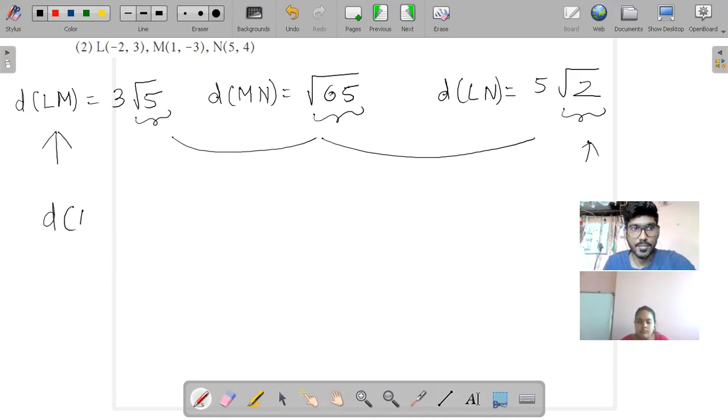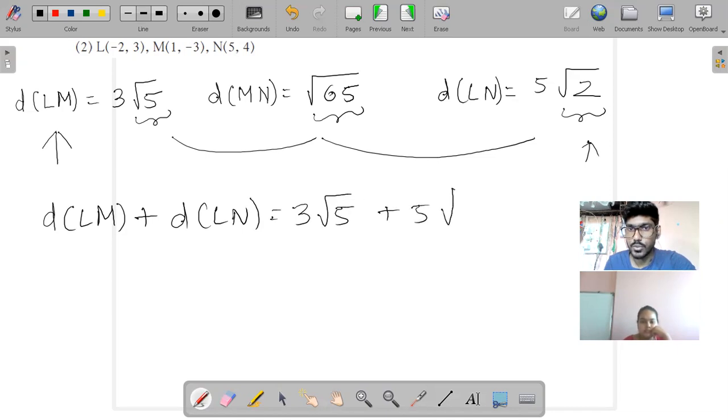So if you add them, distance LM plus distance LN, you will get 3 root 5 plus 5 root 2. Now we cannot add this, 3 and 5 we cannot add, the reason being the roots are different. So you leave it as it is, and this you write is not equal to distance MN.